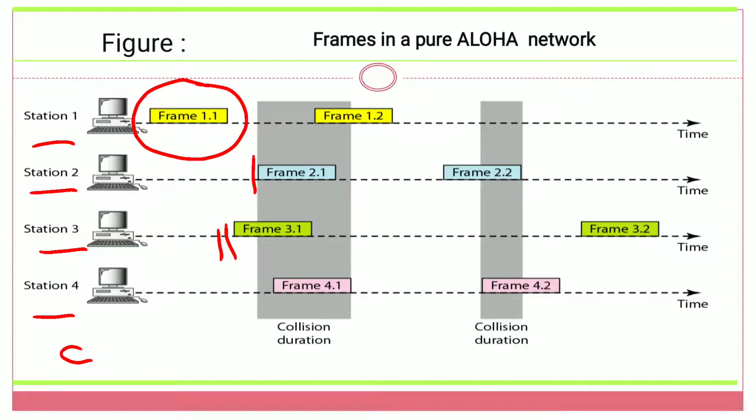Likewise, frame 1.2 is also started by station 1. If you observe, during this time period, frame 3.1, frame 2.1, frame 4.1, and frame 1.2 are all using the same channel, the same shared media. Before this duration frame 3.1 started, and after this duration frame 1.2 is free, so there is no collision for that.